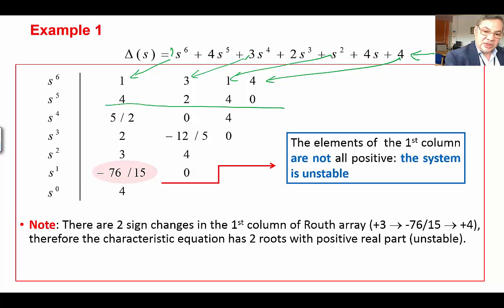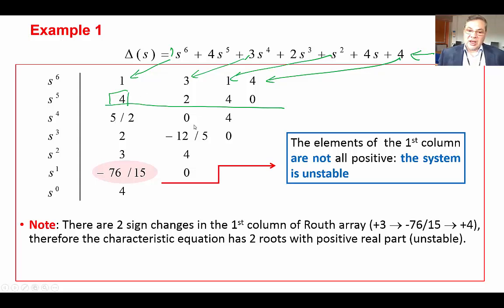Then the pivot for the whole third row is going to be this 4. The first element is 4 multiplied by 3, which is 12, minus 1 multiplied by 2, which is 2. 12 minus 2 is 10, divided by 4 is 5 over 2.